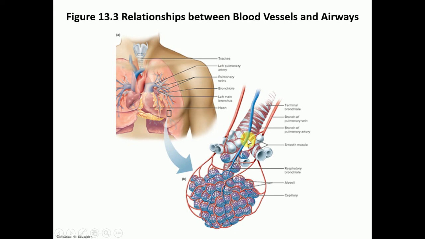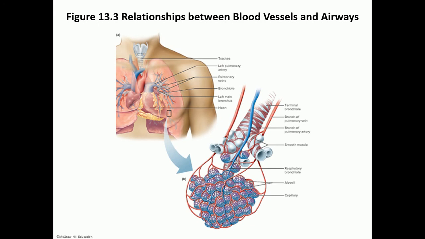And this would be a branch of the pulmonary artery that has the deoxygenated blood coming from the right ventricle. And then exchange of gas occurs in here.